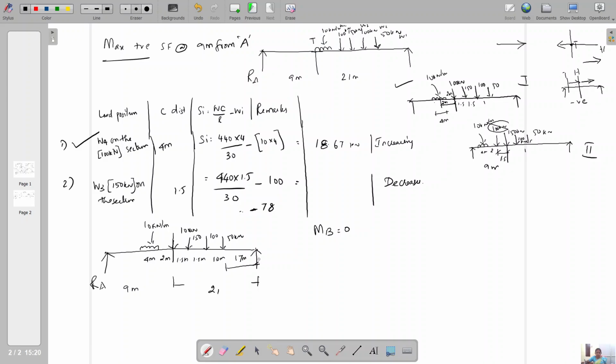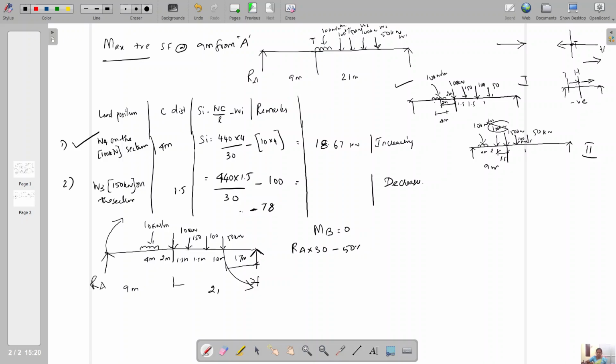Okay, now we can write the moment equation about B equal to 0. So rotate all the forces about B. Now RA is the positive sign convention component. So RA into 30. And all loads are in the opposite direction only. RA is in the opposite direction, so we can put a negative sign for all loads.